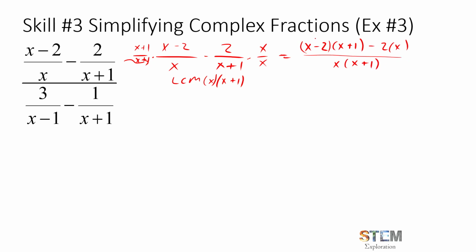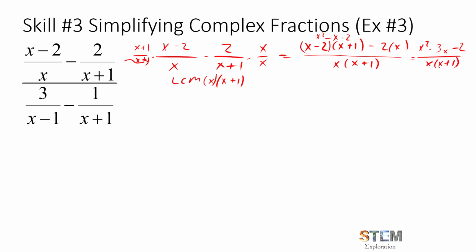If we do a little bit of foiling, we'll see that this gets us x squared minus x minus 2. All right, and we'll have minus 2x there. So then we'll have x squared minus 3x minus 2 all over x times x plus 1.